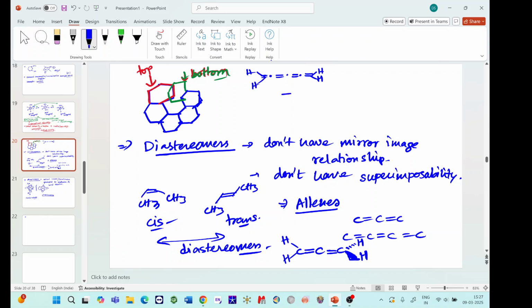But if it is odd, 1, actually maybe I'm wrong. For odd cases, yes, for odd cases it will be in the plane, but for even cases it will be out of the plane.